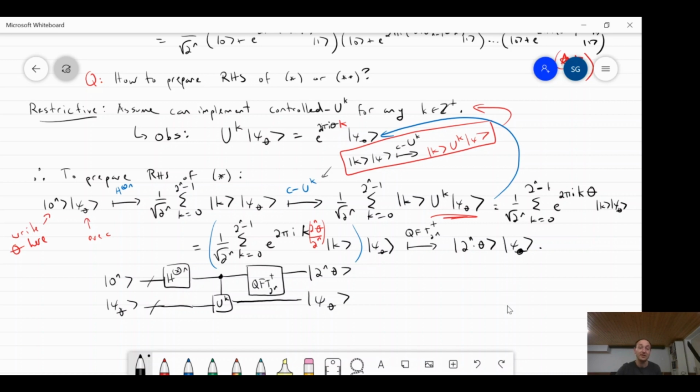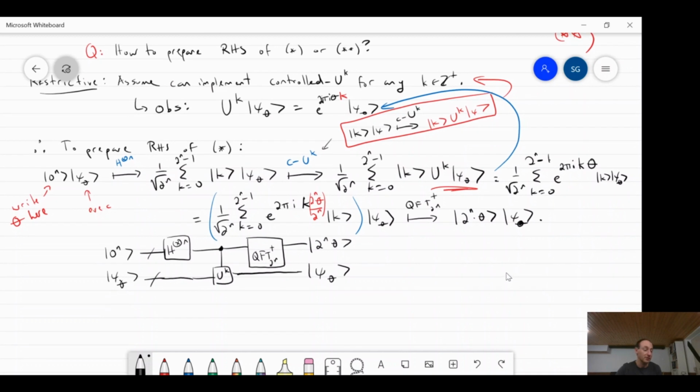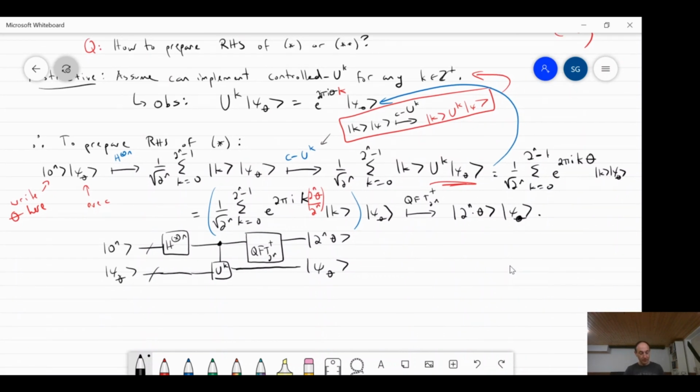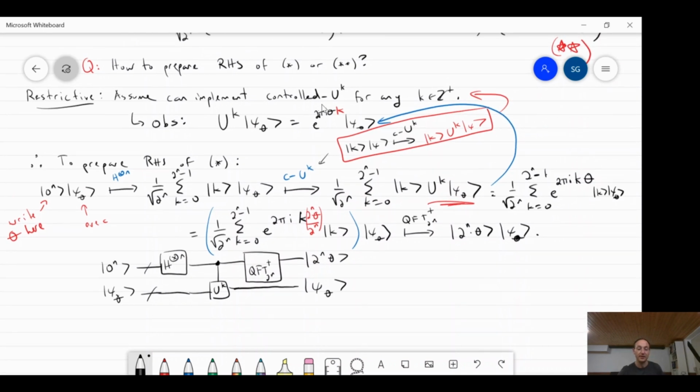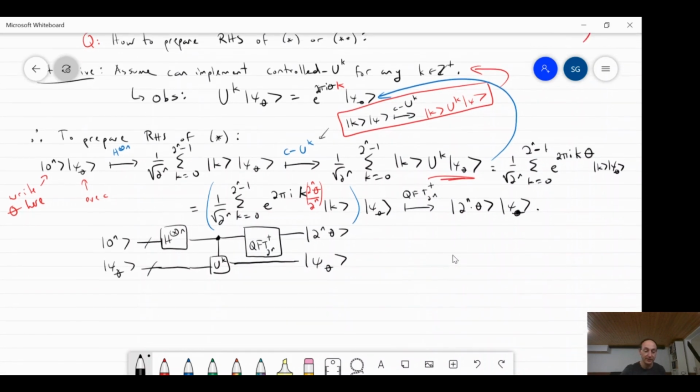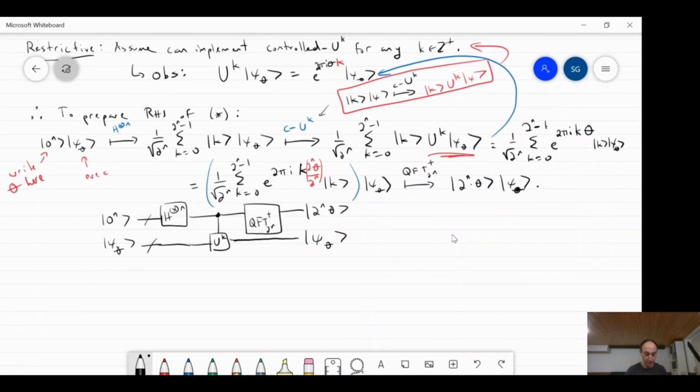Okay, so we're going to come back to this shortly because we're nearing the end of the lecture now. Let me just mention: can we relax this assumption, that we can implement controlled U to the k for any positive integer k? We can slightly relax it, and how you do this I'm going to leave as an exercise.